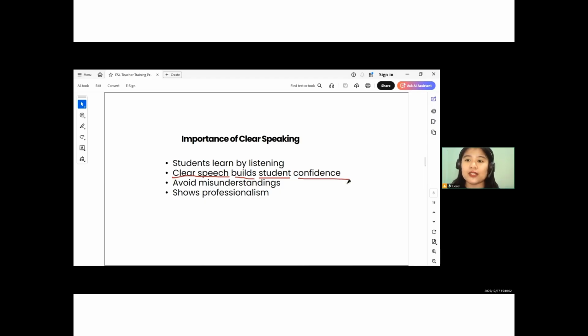This instruction is so difficult to follow. I cannot understand. So you have to make your instructions simple, understandable, so that your students can relate to what you are saying. And of course, they can answer your questions well. And it avoids misunderstandings too.